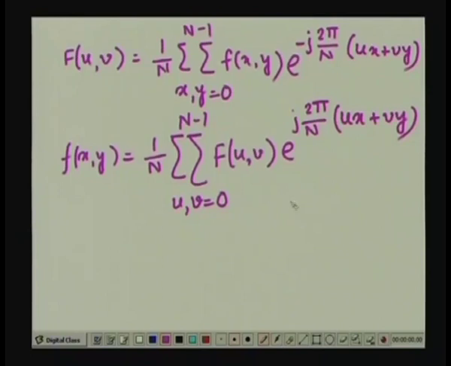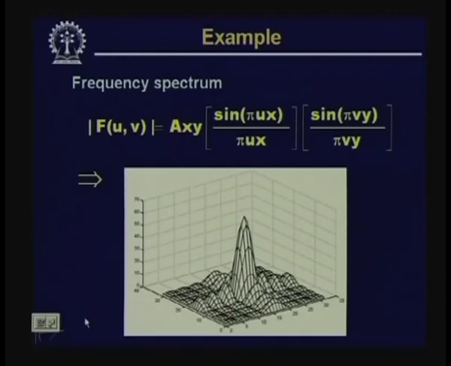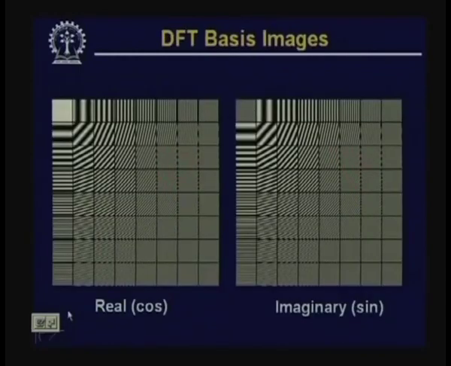And as we have discussed earlier, e to the power j 2 pi by N (u x plus v y), this is what we have called the basis images. This we have discussed when we discussed the unitary transformation. And we have shown at that time that these basis images will be like this.